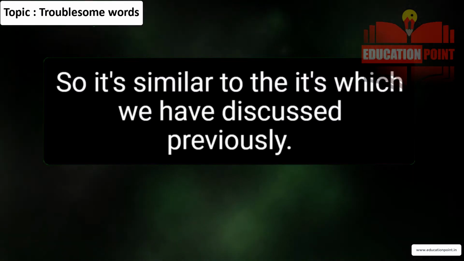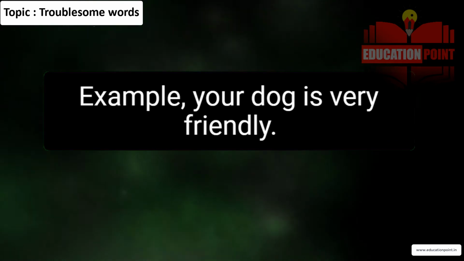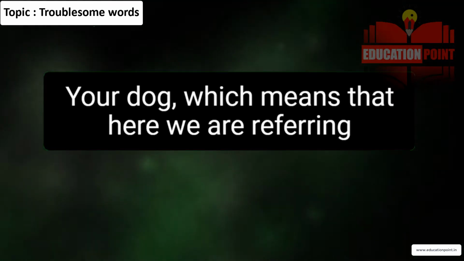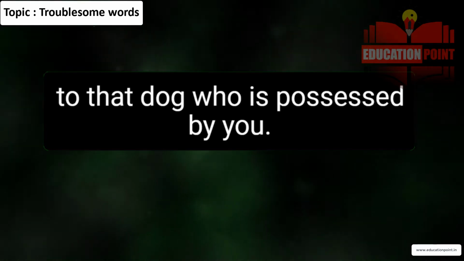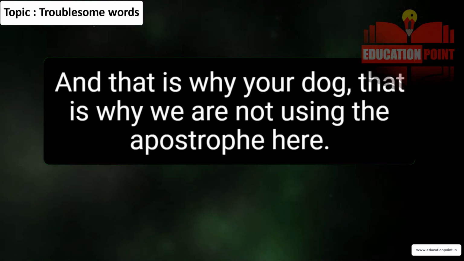So it's similar to the "its" which we discussed previously. Example, your dog is very friendly. Your dog, which means that here we are referring to the dog who is possessed by you, and that is why we are not using the apostrophe here.